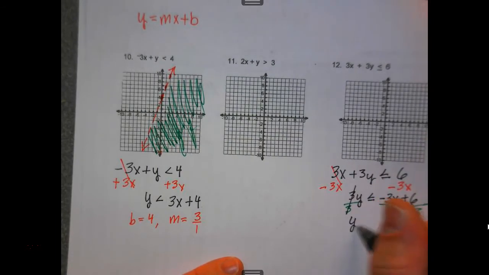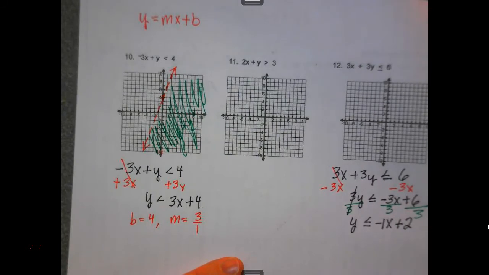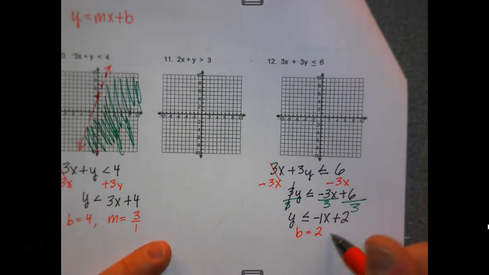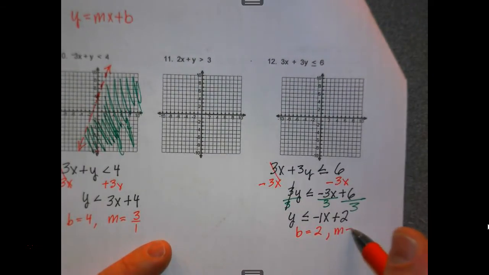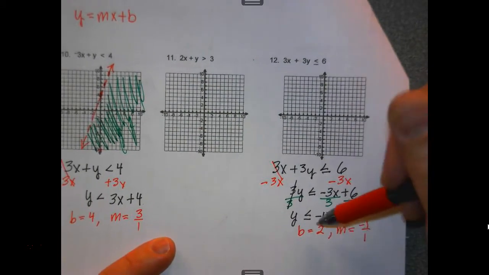So I get y is less than or equal to negative 3 divided by 3 is negative 1 x. 6 divided by 3 is a positive 2. My b is 2. My slope m is negative 1 over 1. So I start at 2.